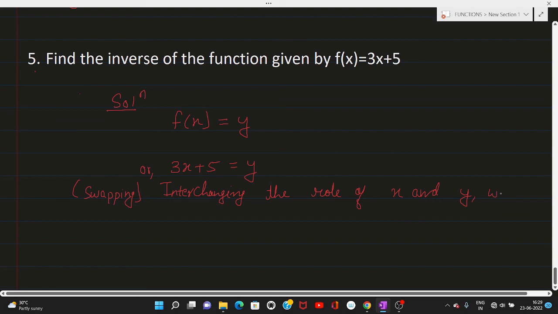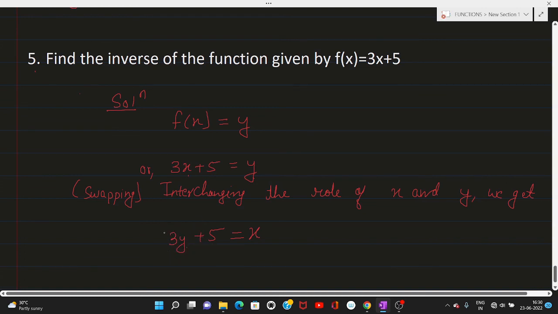So when we interchange, we get 3y plus 5 equal to x. Means in place of this y, we have mentioned x, and in place of this x, we have mentioned y.